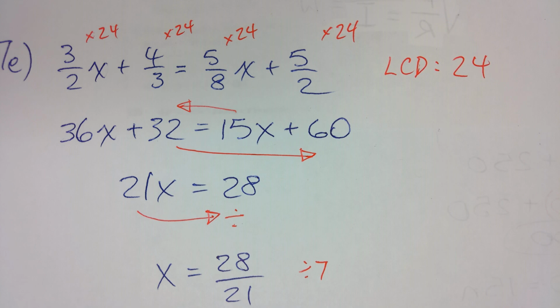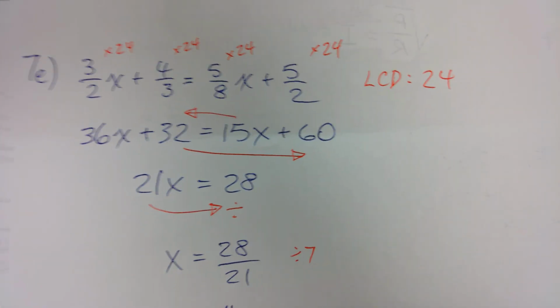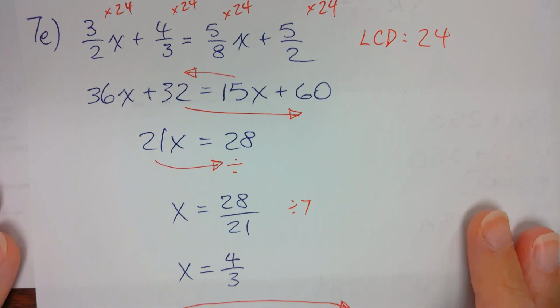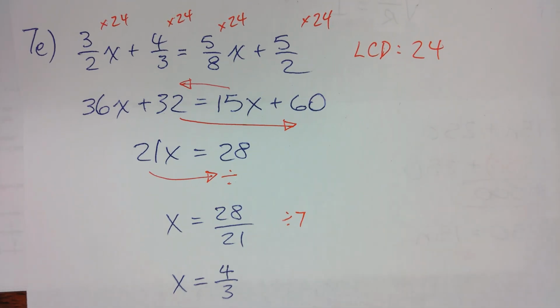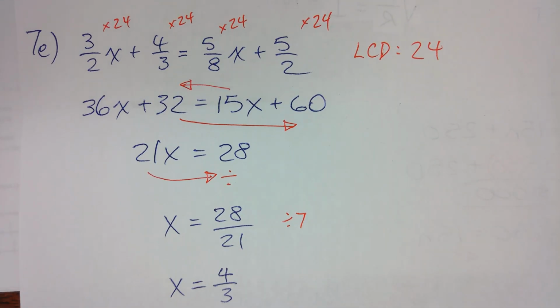If you reduce the fraction, it becomes 1 and 1 over 3, or 4 over 3. Good job. Make sure you always reduce if it's reducible.